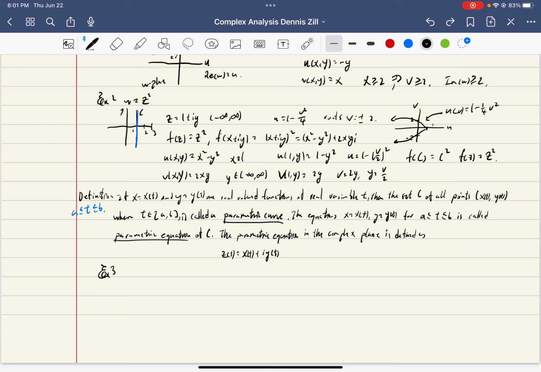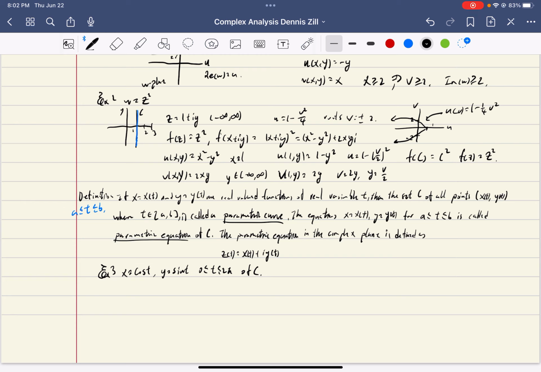Now, for example, consider the parametric equation x equals cosine of t and y equals sine of t, and t goes between 0 and 2 pi, right? In the xy plane, that is a circle centered at the origin with radius 1.